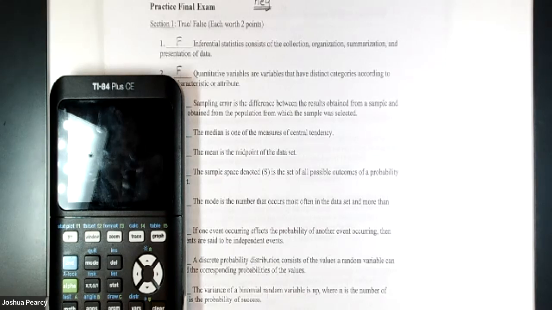A discrete probability distribution consists of the values a random variable can take on and their corresponding probabilities. True, yes.